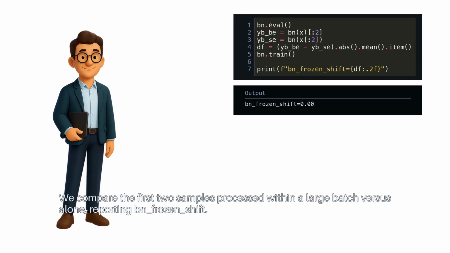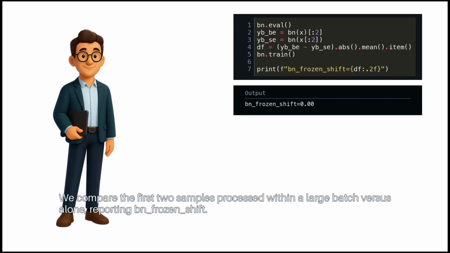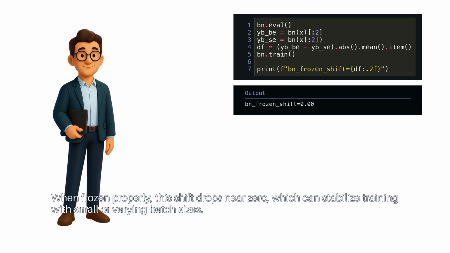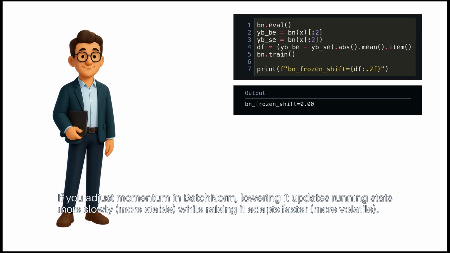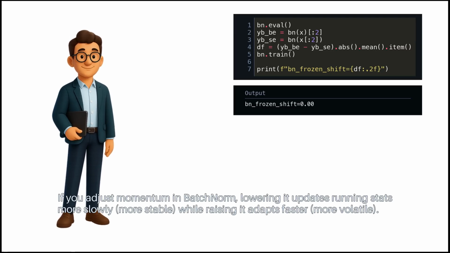We compare the first 2 samples processed within a large batch versus alone, reporting Bn frozen shift. When frozen properly, this shift drops near 0, which can stabilize training with small or varying batch sizes. If you adjust momentum in BatchNorm, lowering it updates running stats more slowly, more stable, while raising it adapts faster, more volatile.